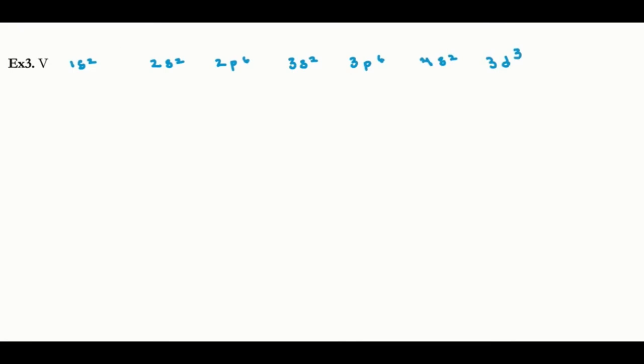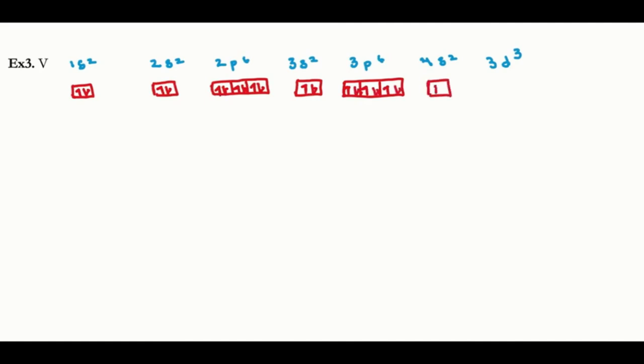I'm going to draw my orbital diagrams. 1s has 1 orbital with 2 electrons. 2s has 1 orbital with 2 electrons. 2p has 3 orbitals. 1, 2, 3, 4, 5, 6 electrons. 3s has 2 electrons. 1, 2. 3p has 6. 1, 2, 3, 4, 5, 6. 4s has 1 orbital. 1, 2.